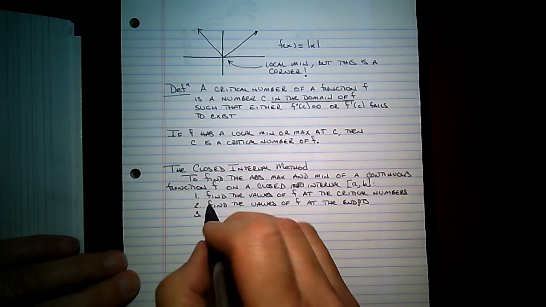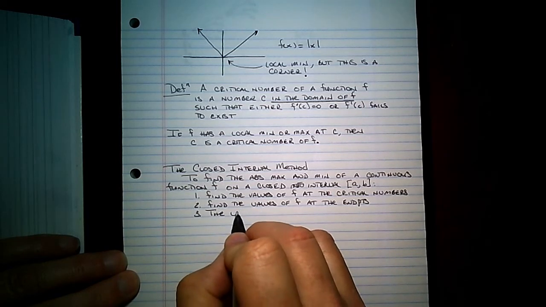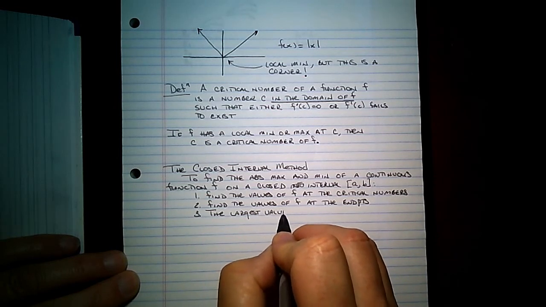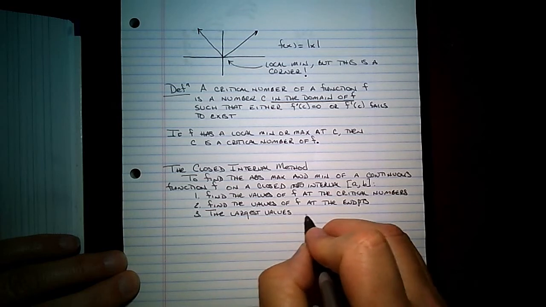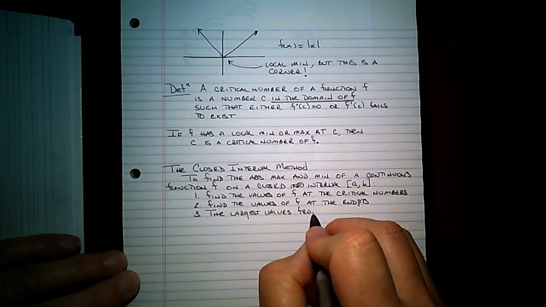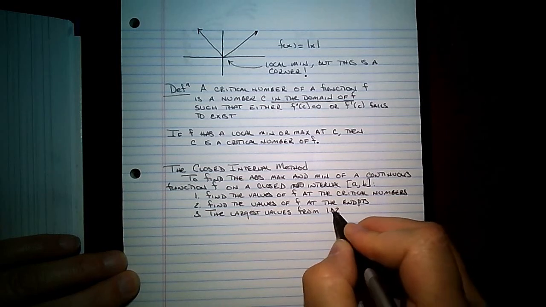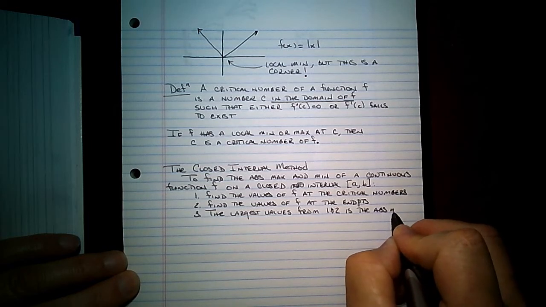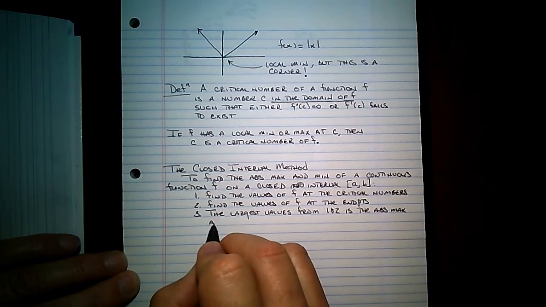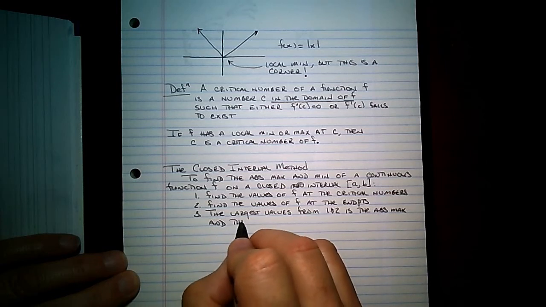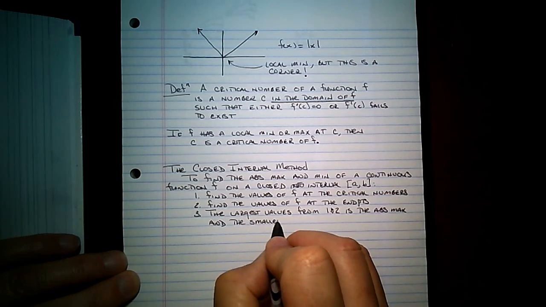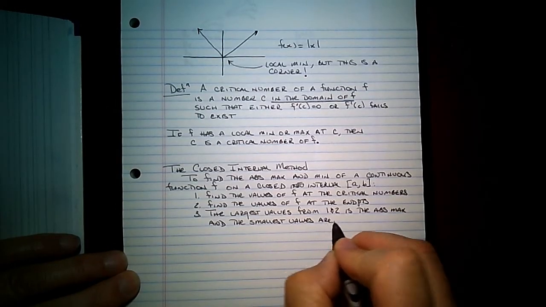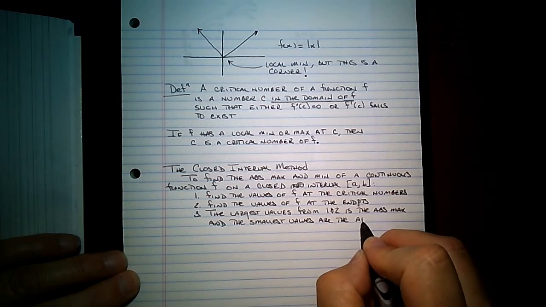Step 3: the largest value from steps 1 and 2 is the absolute max, and I think you know where we're going here. The smallest value is the absolute min.